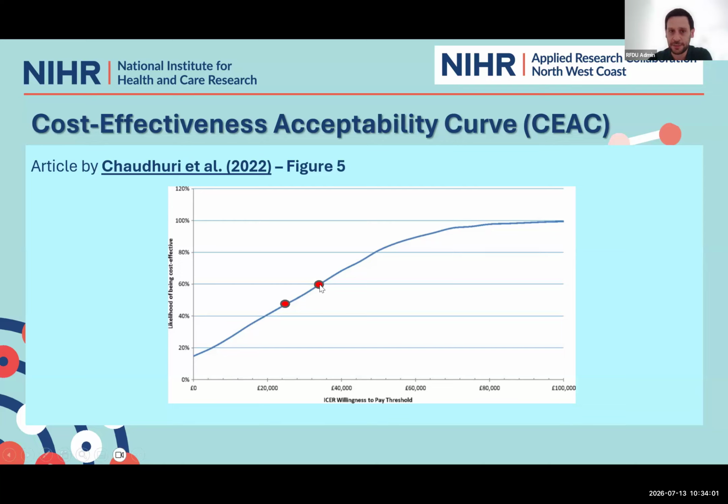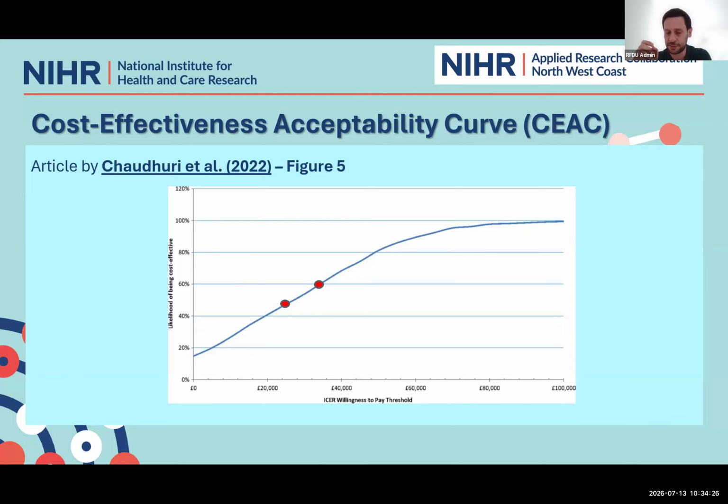Instead, for the £35,000 mark, there is about 60% probability of the intervention being cost effective. And as I was saying before, you can see the likelihood of the intervention being cost effective has increased as the willingness to pay threshold increases.